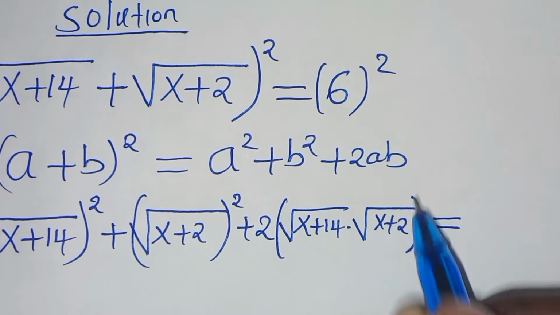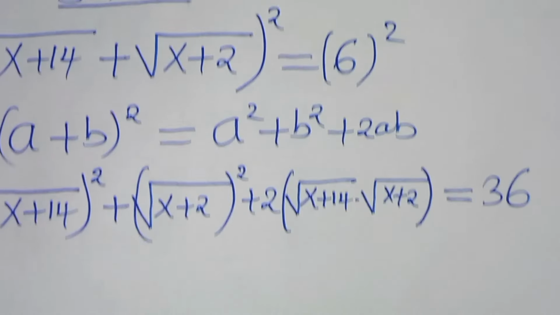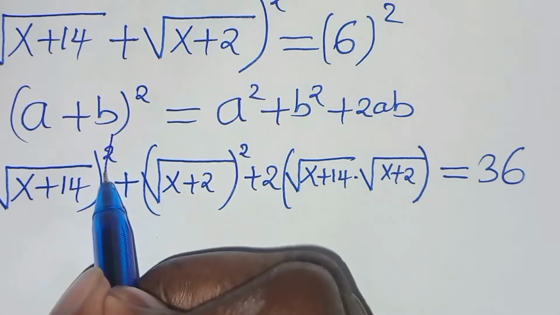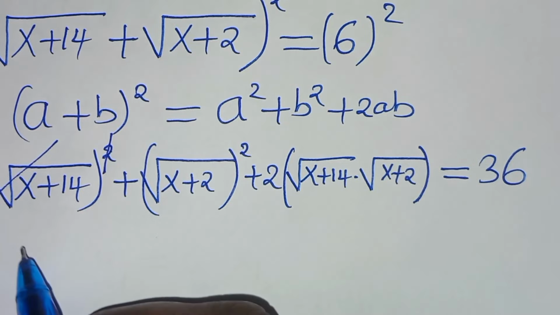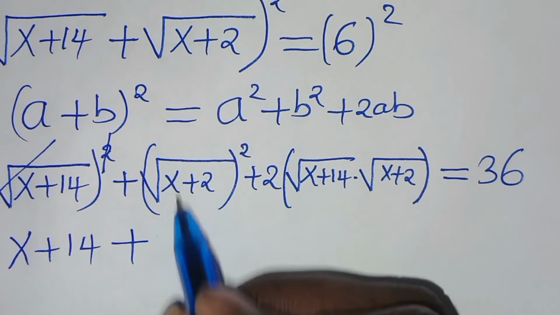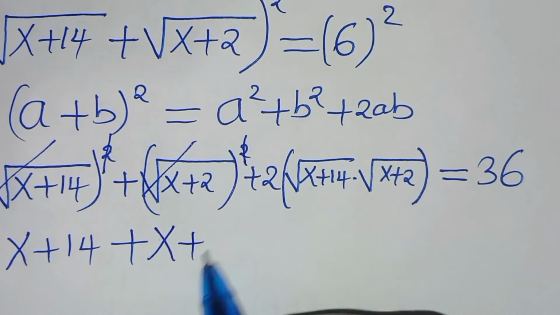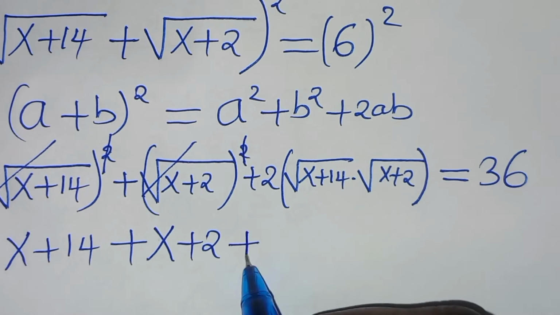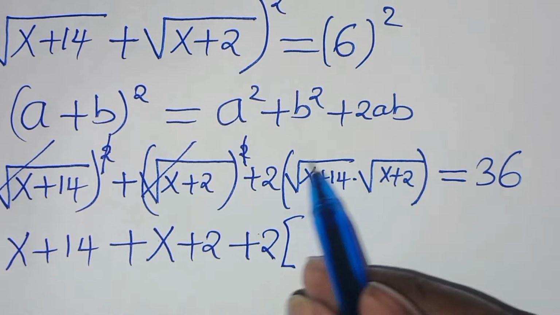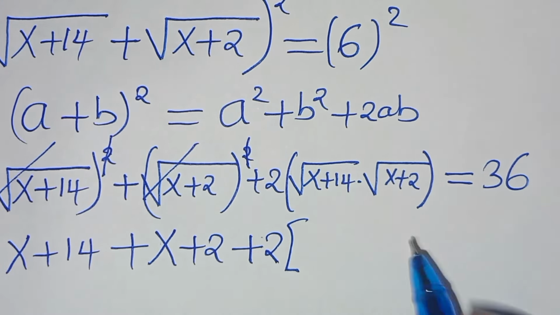This is equal to 6 squared, which is equal to 36. The next step from here, square root of x plus 14 squared. This implies we eliminate the square root sign, so we have x plus 14 plus square root of x plus 2 squared. This implies we have x plus 2, then plus 2 multiplied by square root of x plus 14 times square root of x plus 2.